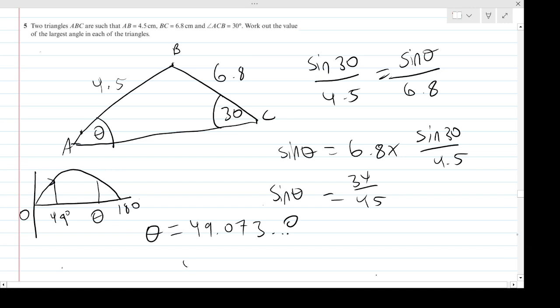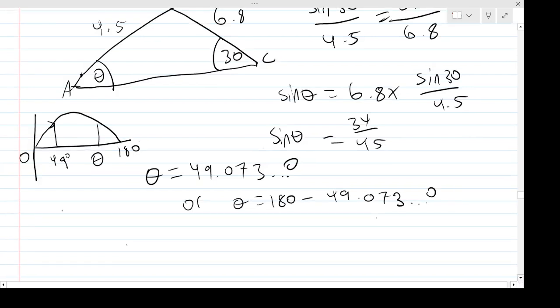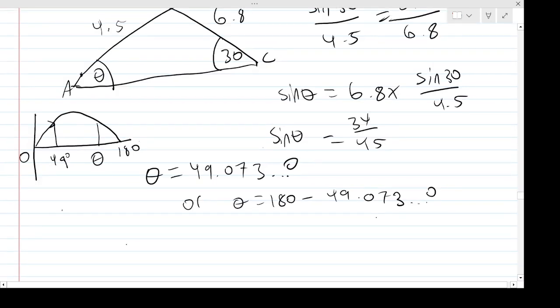So therefore, the next solution is 180 take away that solution, and that's always how I'm going to get the next solution. Okay, 180 take away that, remember, it will always be 180 take away that first solution, but the sine graph helps me to visualize that. So if we work that out, then 180 take away that answer, I get 130.926 degrees. So I've got two possible solutions here.